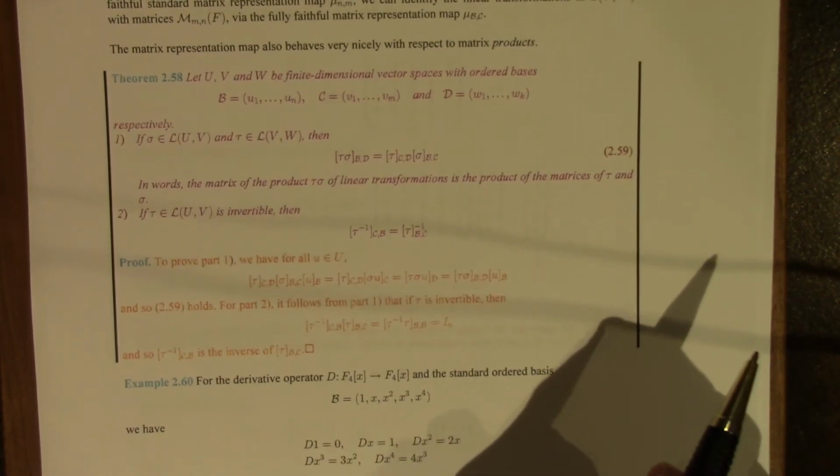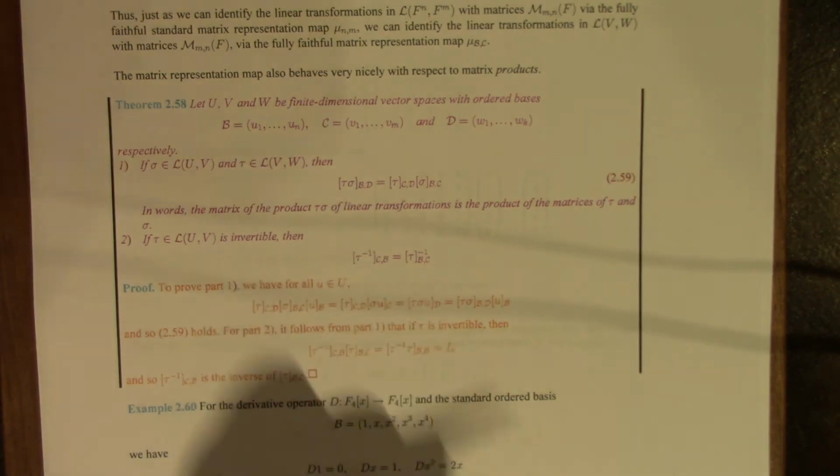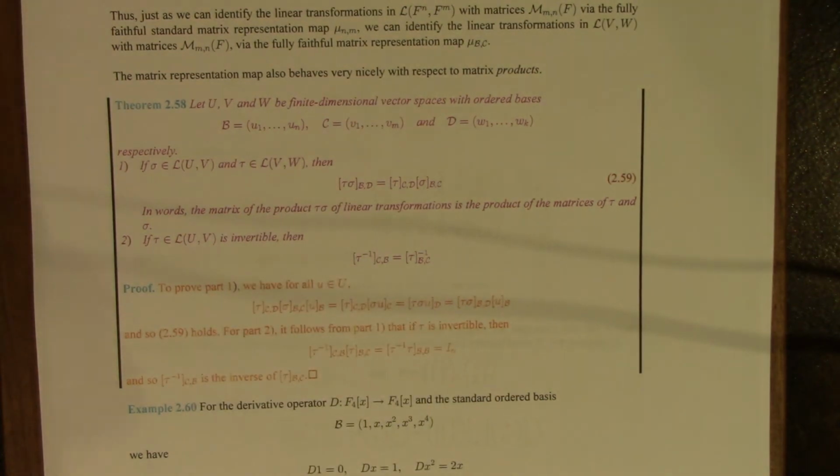So in very loose terms, the matrix representation of the product, or composition if you want, tau sigma, is equal to the product of the matrix representations of tau and sigma.